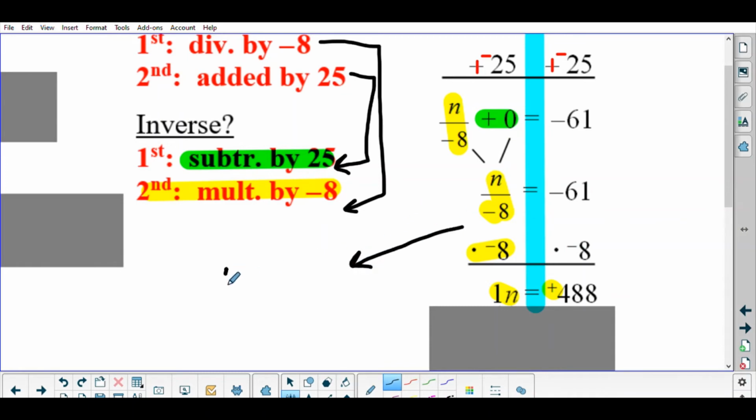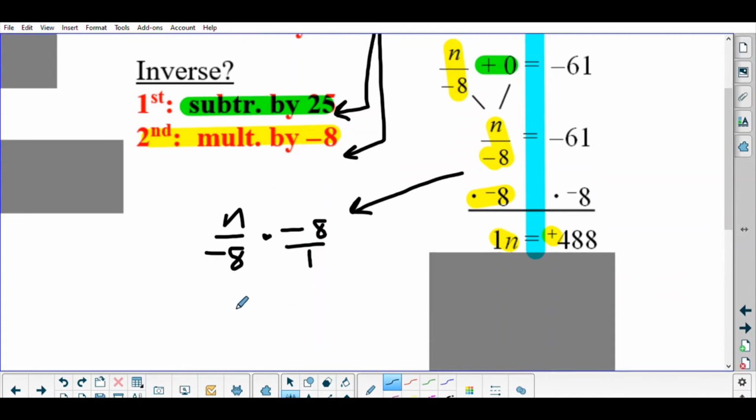If I had n over -8, and I multiply that by -8, that -8 that I'm multiplying by is the same as -8 over 1. And then if you multiply the numerator of n times the other numerator of -8, you would get -8n.